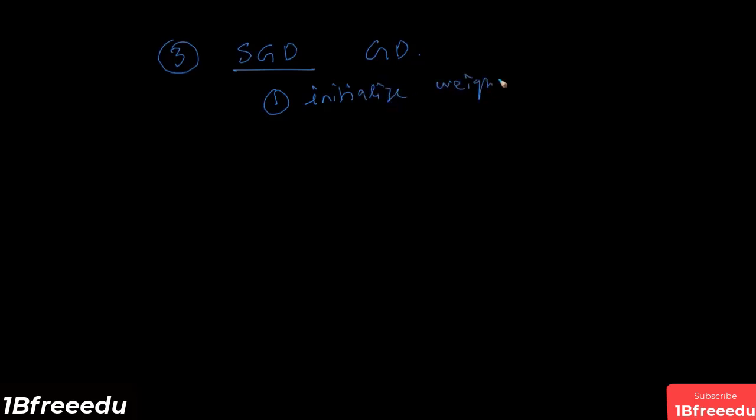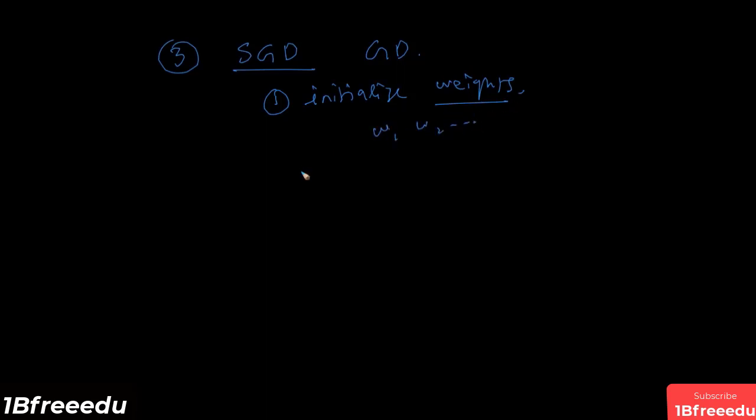To solve this problem, we will use gradient descent or stochastic gradient descent, right? What we do in gradient descent is first initialize the weights. This will be random initialization. We'll initialize the weights w1, w2 randomly.